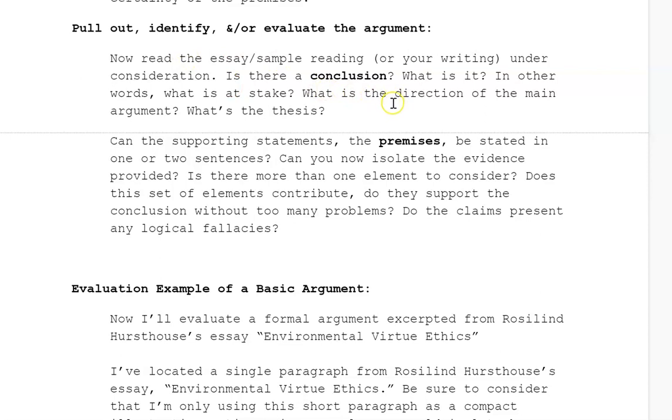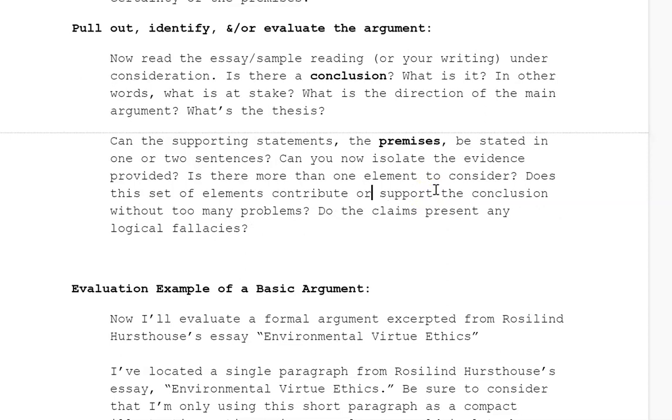How did we get to this deduction, right? So is there more than one element to consider? Does this set of elements contribute or support the conclusion without too many problems?